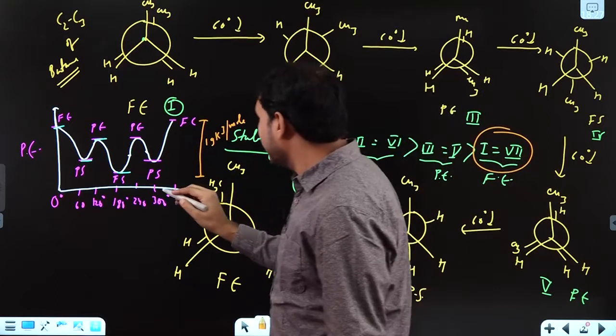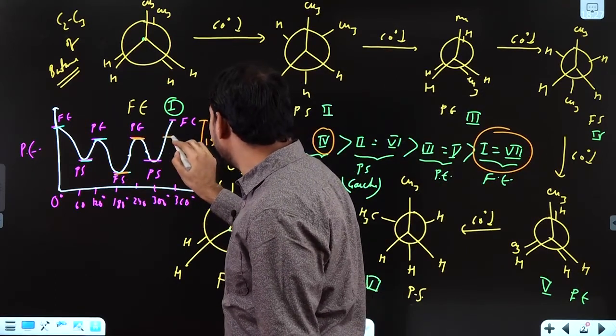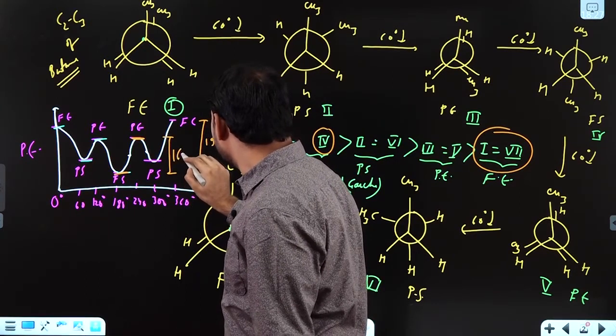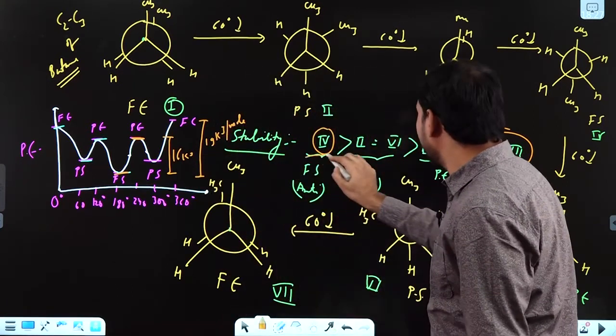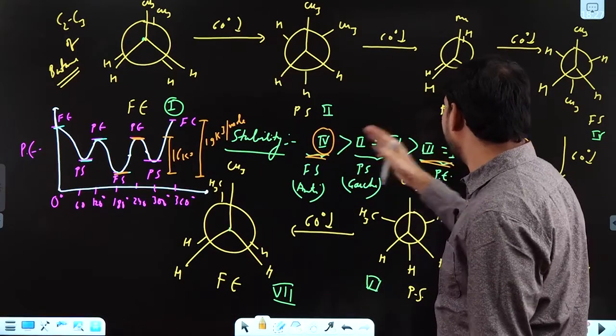Then fully staggered versus partially eclipsed, this energy barrier is approximately 16 kilojoule per mole. Obviously they have a big difference.